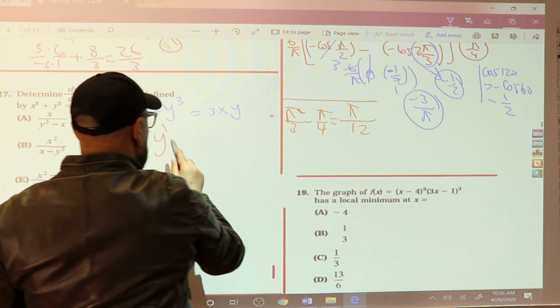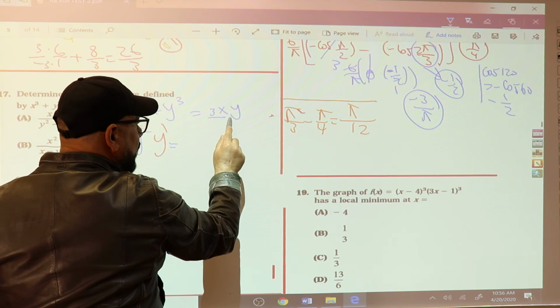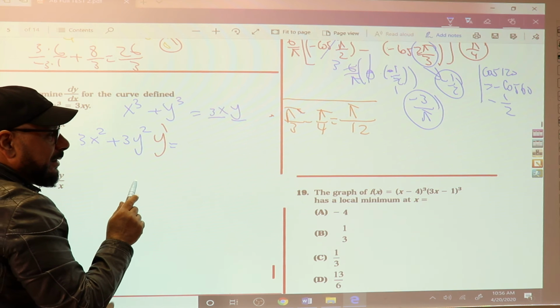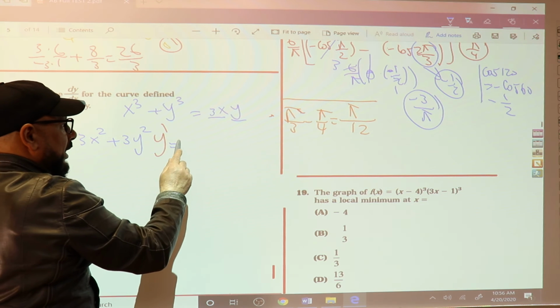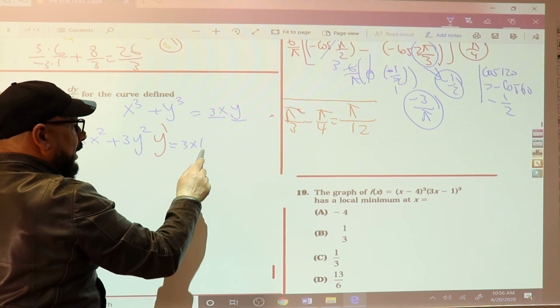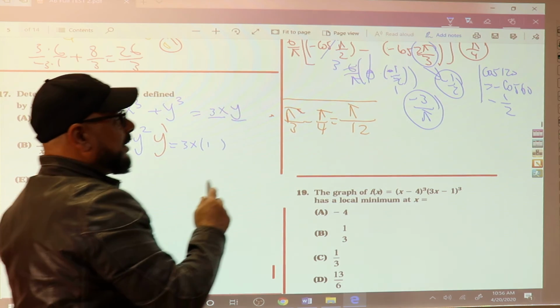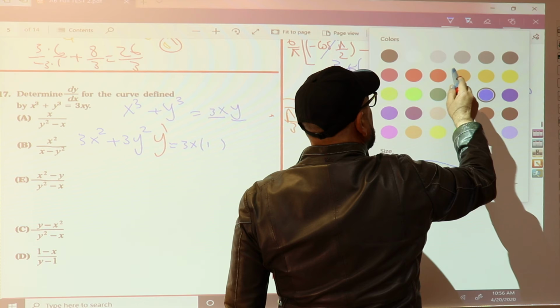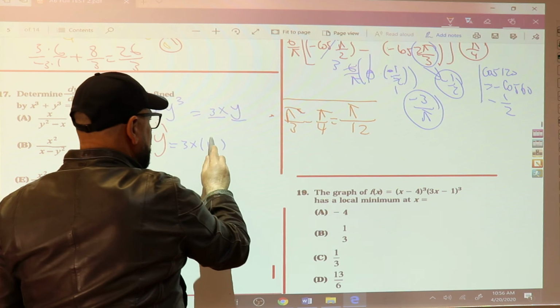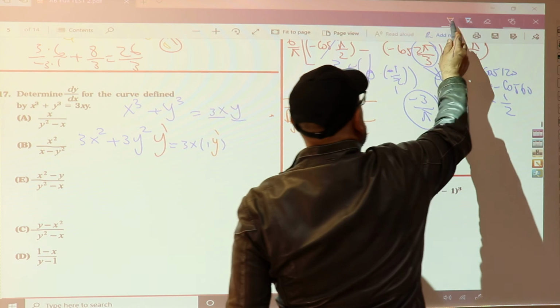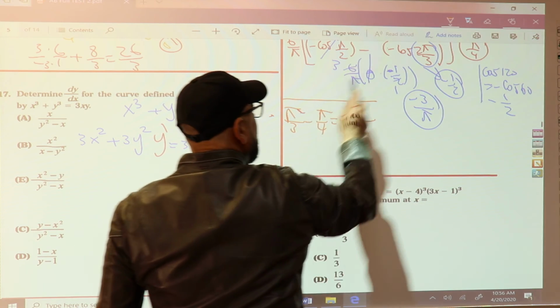Equal. What I have here, two functions, 3x times y. I have to apply the product rule. 3x times, what is the derivative of y? 1, but I just said, when you derive y, multiply by what? Y prime. Now plus, in the middle plus.